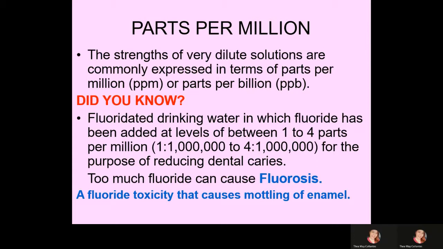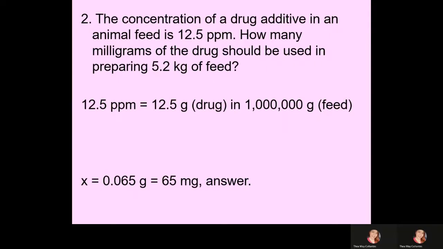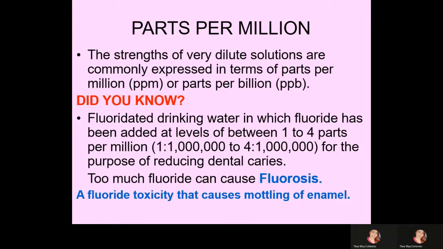So what else? Parts per million, of course, this is representing 1 part of a solute over 1 million parts of a solvent. Imagine, it's big. So what you should just remember with your parts per million is this unit: mg per liter. No matter what, you can also use milligram per kilogram.